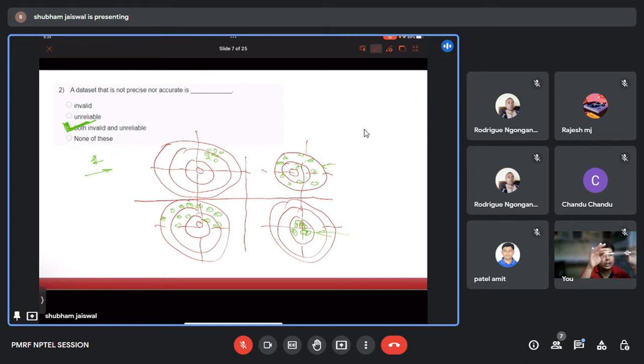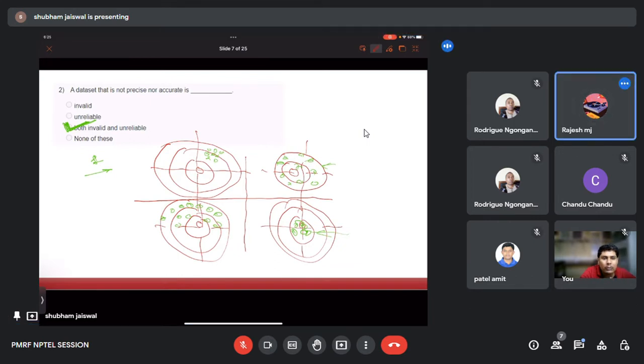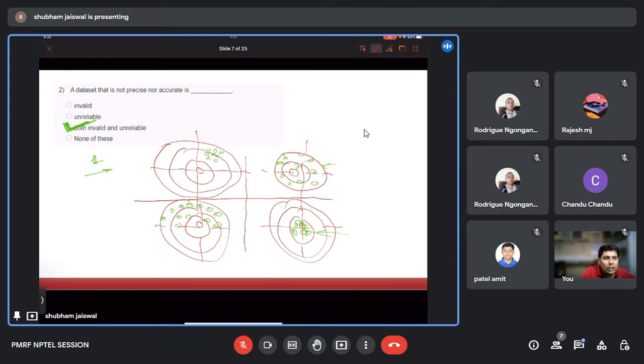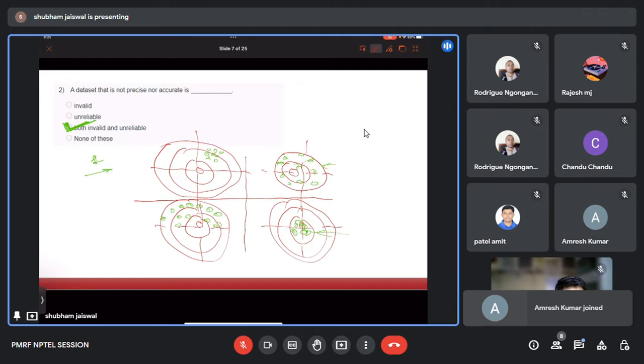We can't trust this data because the actual size is 15. If we are getting 15, 15.1, 14.5 or 14.8, then we can say that this is somewhat reliable. But if it's going beyond our range, then we can't trust that value. If you are not trusting that thing, it's nothing but unreliable. Like in simple words, if your friend is not helping you in your difficult time, we can say your friend is unreliable. We can't rely on him.